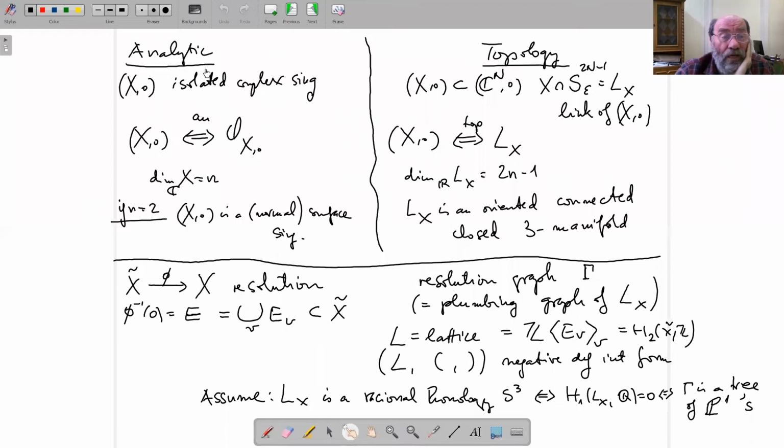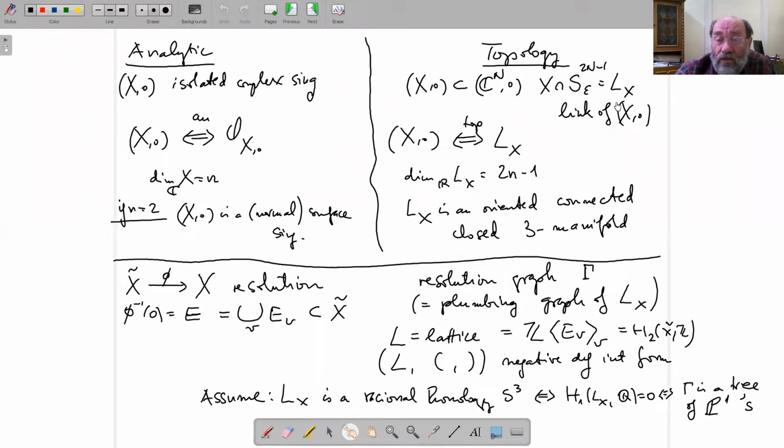In the analytic case, we start with an isolated complex singularity, and from an analytic point of view they are characterized by the local algebra. And in the topological sense, if it's isolated, then I can consider the link. We embed it somewhere in some C to the n, and we consider a very small ball, a very small sphere around the origin, around the singular point.